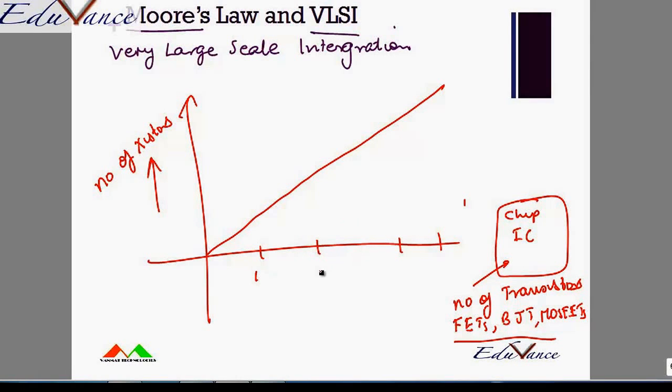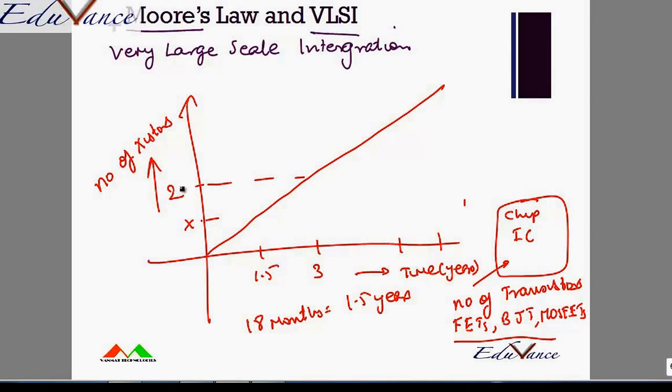So 18 months is equal to 1.5 years. If I make this time in years, so every 1.5 years, if this is x, this would be 2x, at 4.5 years, this would be 4x, and so on.